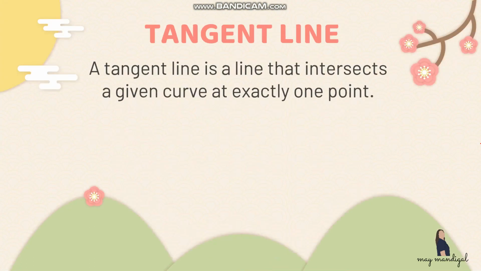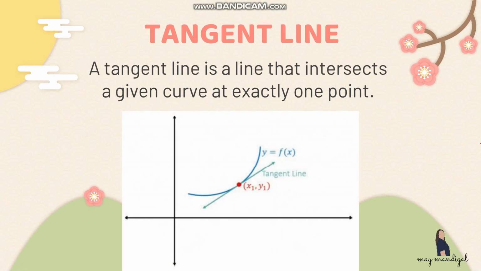Now let's first recall what a tangent line is. A tangent line is a line that intersects a given curve at exactly one point. Let's say this is your curve, or this is the function, and this line is what we call a tangent line. It intersects the curve at exactly one point, and this point is what we call the point of tangency.